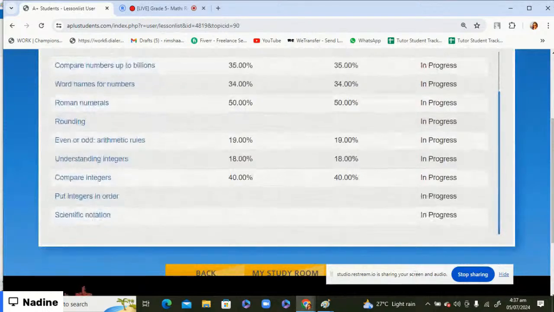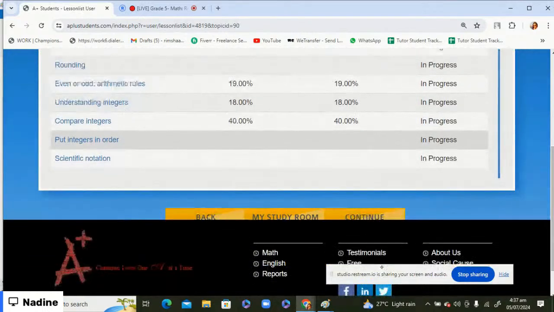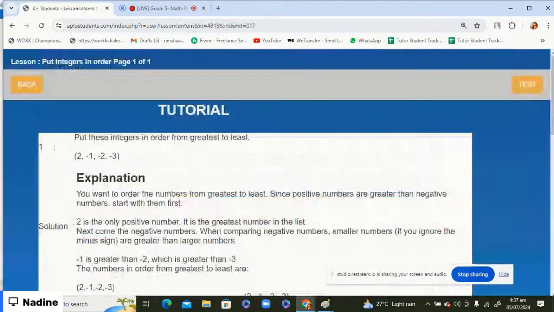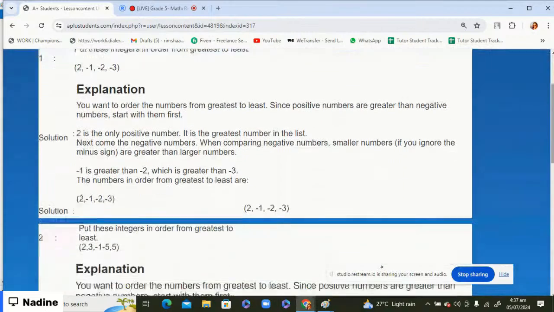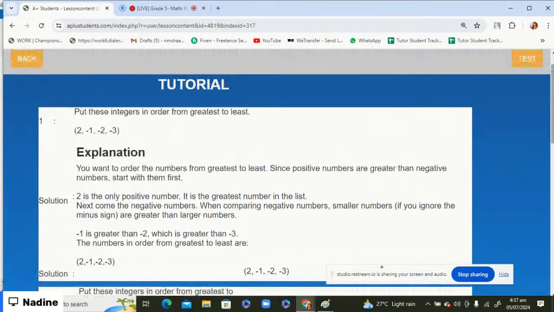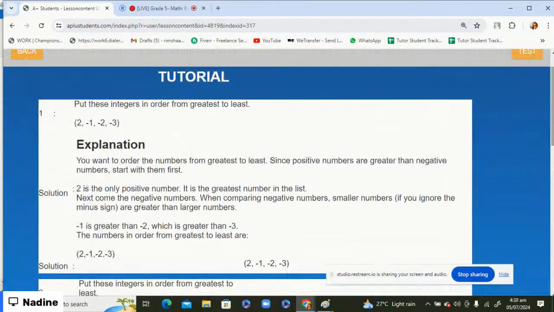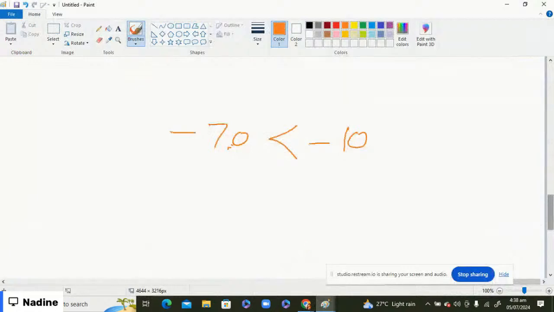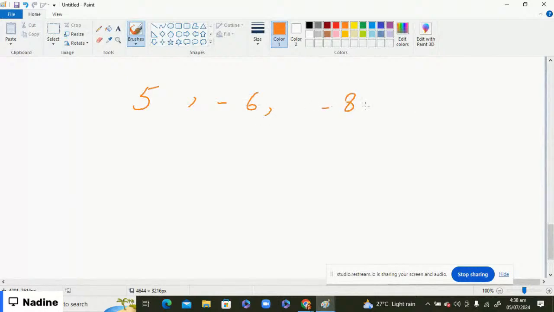Now let's do put integers in order. So here are again the integers, and we are going to put them in order. For example, you have numbers like this: 5, minus 6, minus 8, 4.